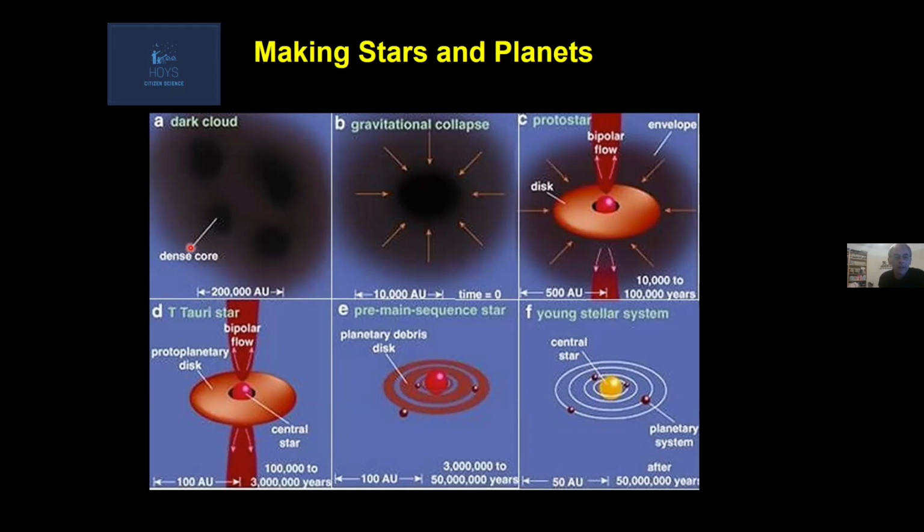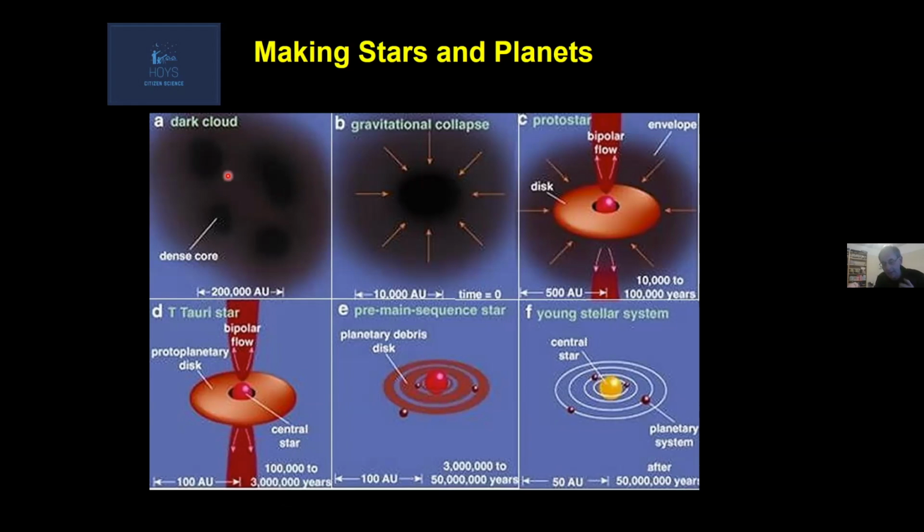So these clouds typically weigh somewhere between a few to a few 10 million times the mass of the sun, so they're extremely massive. And inside those clouds, the material is distributed in different ways. So there will be parts of the cloud which are more dense than others.